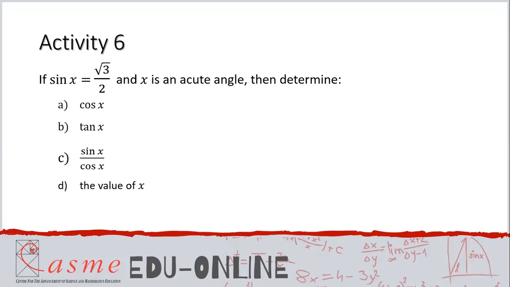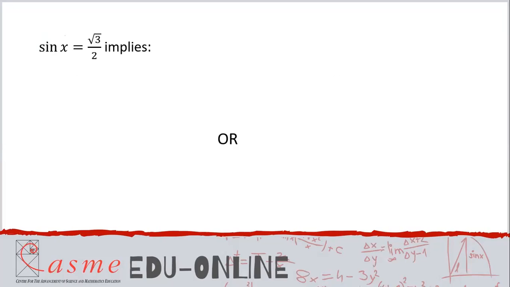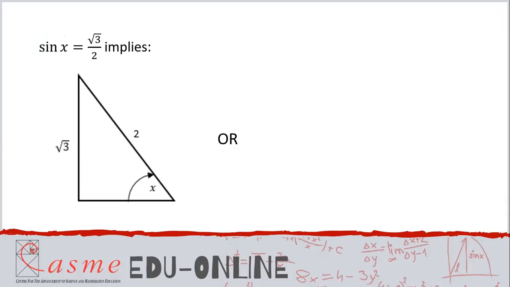And then you must find cosine x, find tan x, find the value of sine x divided by cos x, and ultimately work out what the value of x is. So it's more of reinforcing what we've done. But one thing that I want you to take note of is, if you are given that sine x is root 3 over 2, we've defined the sine as the opposite over the hypotenuse, which means we could present it as a triangle like this.